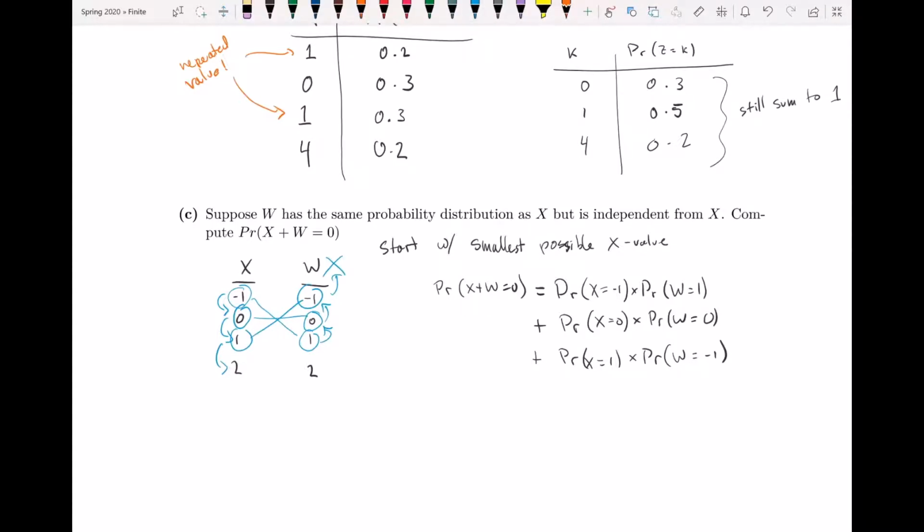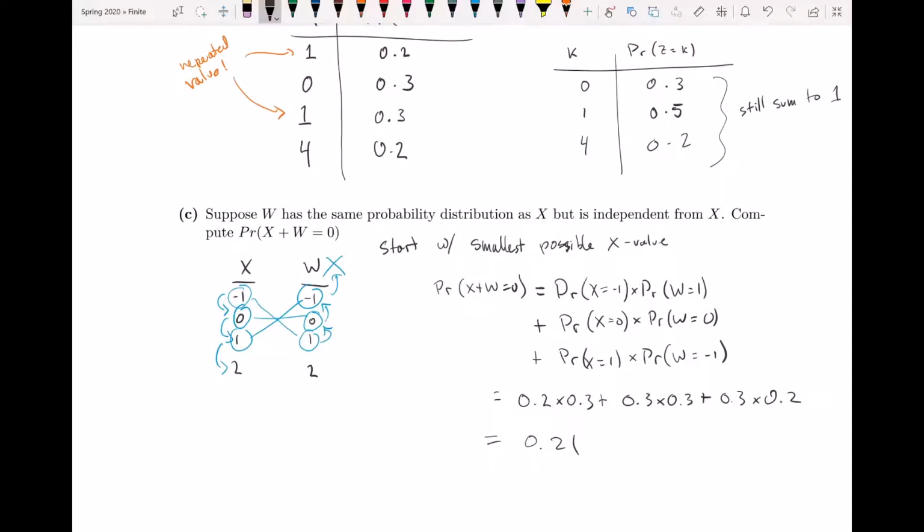So these are all the ways that the sum can equal 0. We just plug these probabilities in: this equals 0.2 times 0.3 plus 0.3 times 0.3 plus 0.3 times 0.2. And I believe that equals 0.21. So that's our answer.